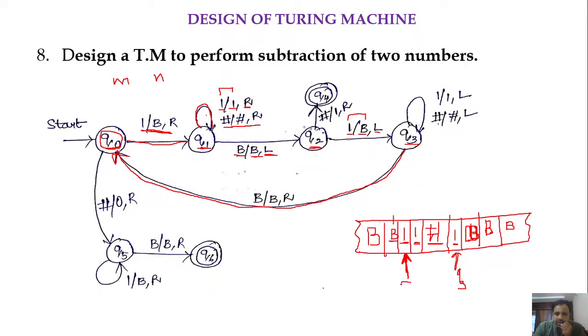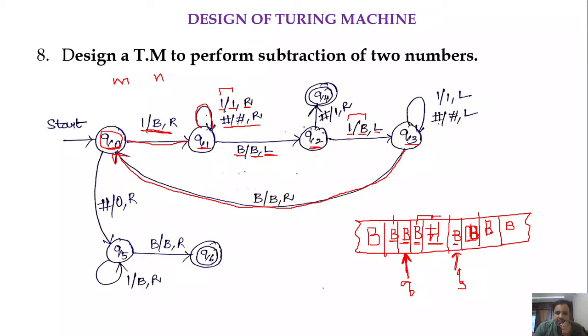If we repeat the process, we will get it like this. Here in q0, 1 will be converted to blank. We move the head towards right, this one will be converted to blank. We move the head towards left, this one will be converted to blank. And then if we move the head towards right, we will get hash.